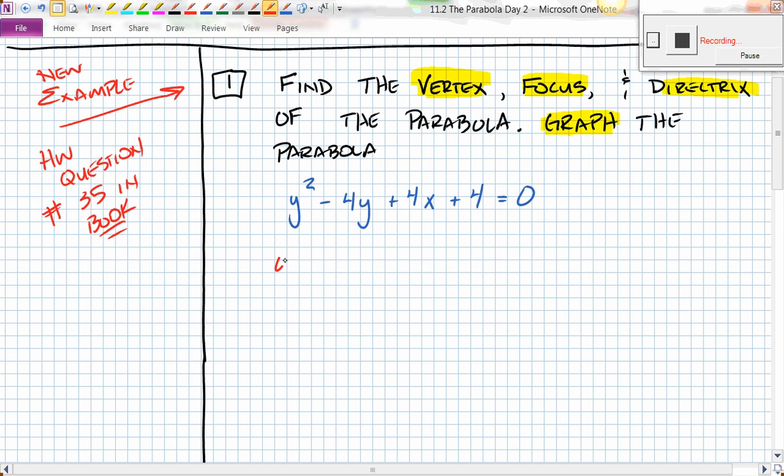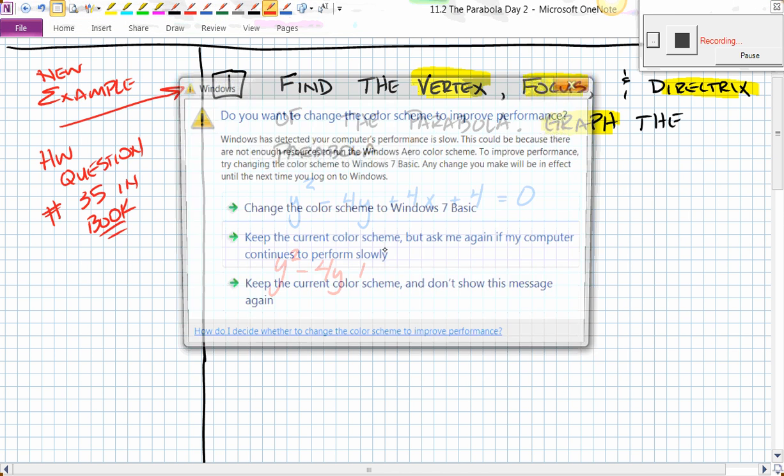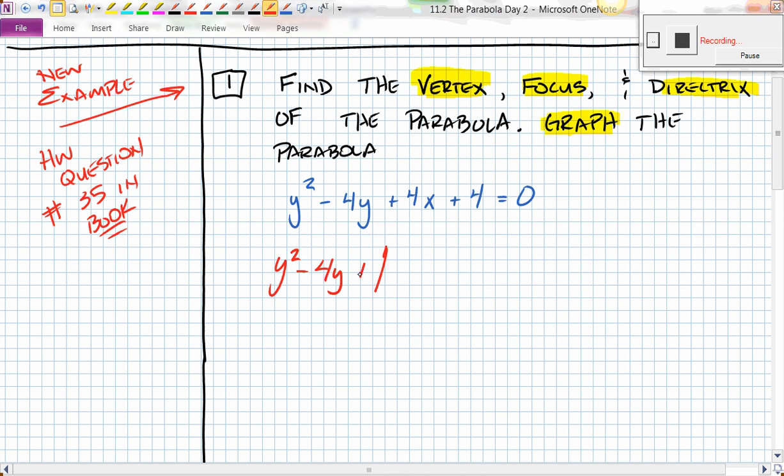So we're going to say y squared minus 4y plus some magic number here has to equal on the other side. We're going to go negative 4x minus 4 plus that same magic number, whatever it happens to be.